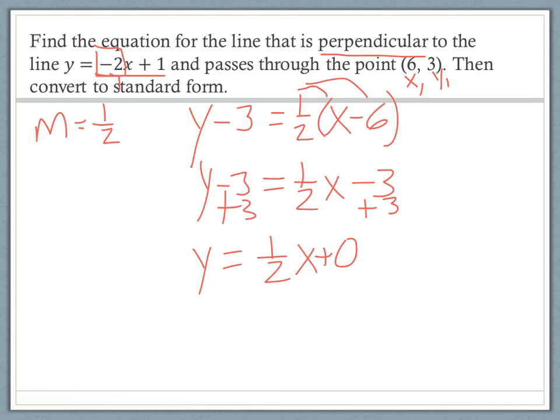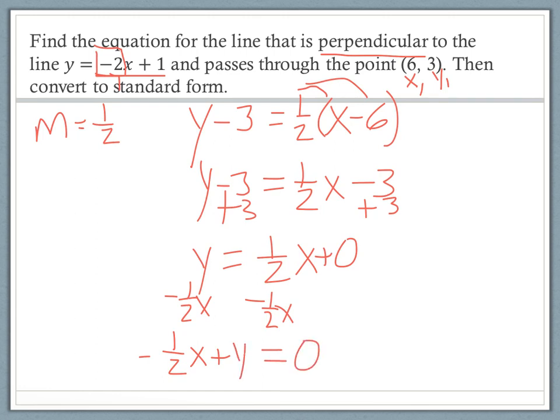Okay, now I need to get x and y on the same side for standard form, so I'm going to go ahead and subtract 1/2 x from both sides. So I'm going to have negative 1/2 x plus y equals just 0.